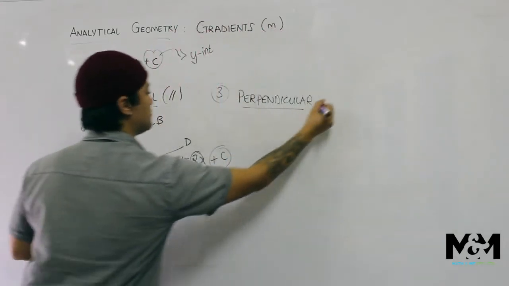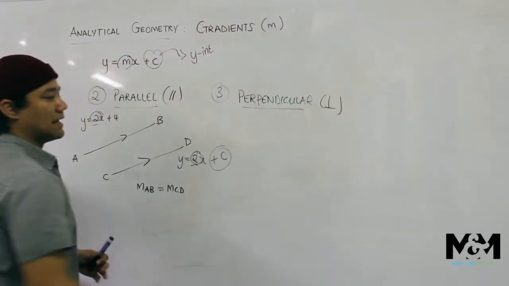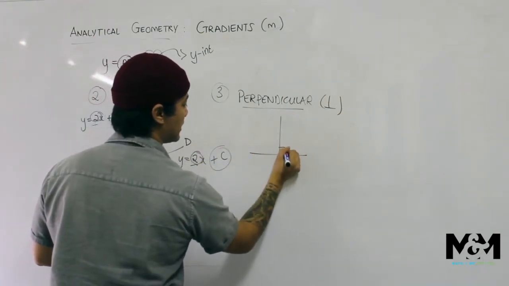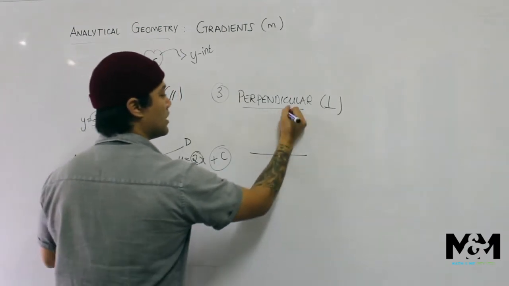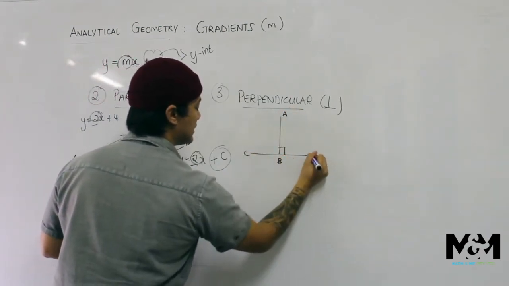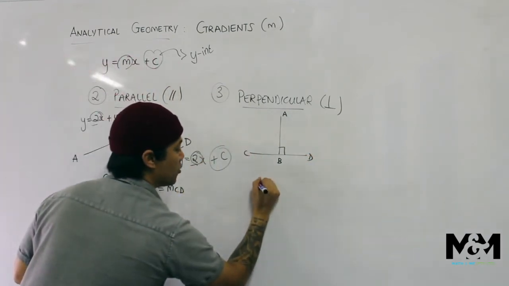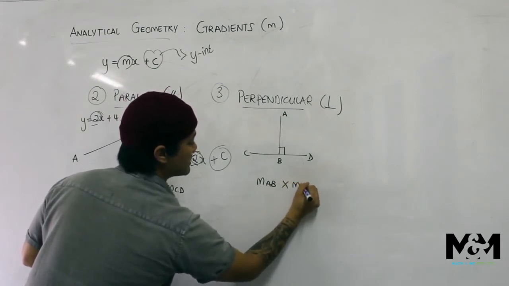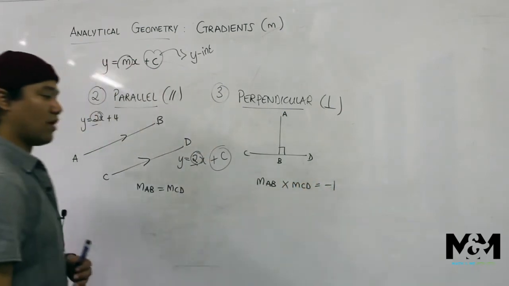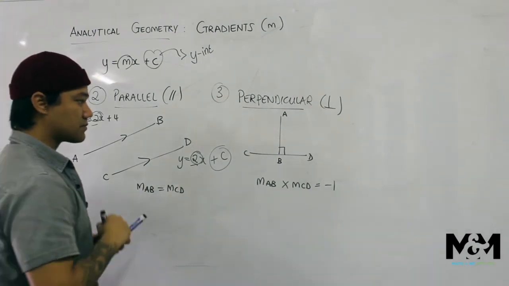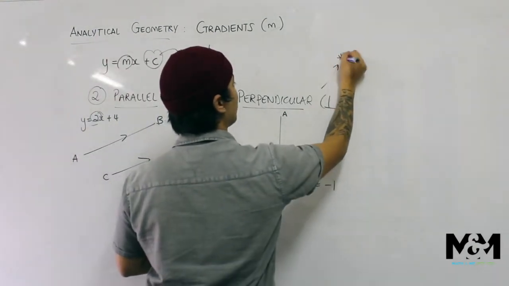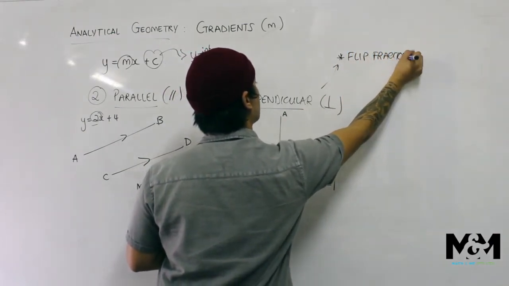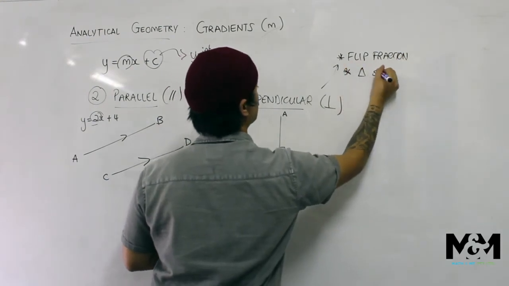Perpendicular lines, with the symbol for perpendicular: the gradients will be inverses of each other. Perpendicular lines are lines that meet at 90 degrees. Line AB and CD are perpendicular. That would mean that when I multiply, or find the product of, the gradient of AB and of CD, I will always get -1. An easy way to do this, I always say, is to flip the fraction and change the sign.